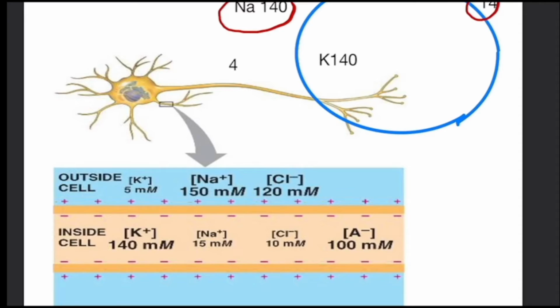And the potassium, you can remember the reverse: inside is 140 and outside is 4. By the rule of 4, you can remember. And as you remember, the chloride attaches to the sodium, so the chloride will be more outside, approximately 100 to 120. So this is how you remember the various values.